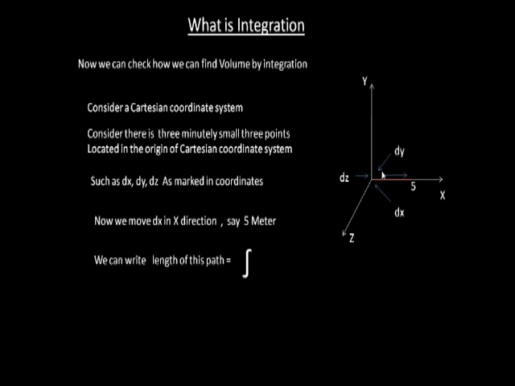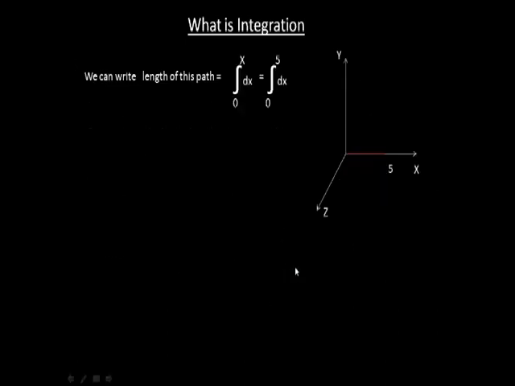Then the length of this path is equal to the integral from 0 to x. Initially we are not putting numbers; it starts from 0 and goes up to some value of x. What is moving is dx along the x-axis, so here it is equal to the integral from 0 to 5 of dx. So the length of this path, as we saw in the previous slide, is the integral from 0 to x of dx.